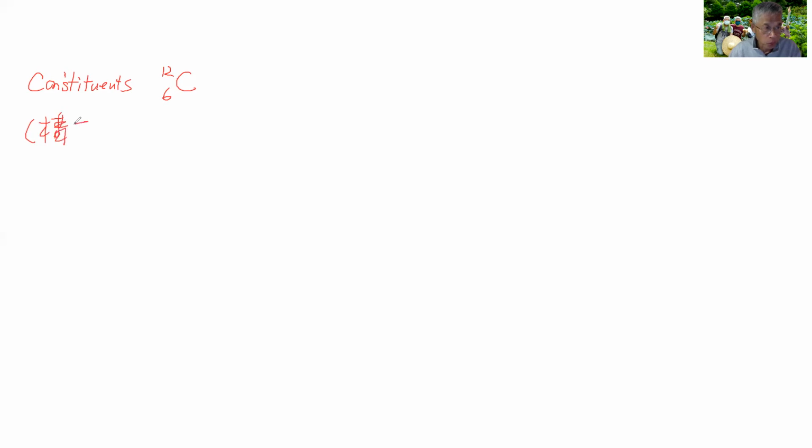So what are needed to make up C612, right? Okay, so what do I have? I have 6 proton, I have 6 neutron, and I have 6 electron, right? So that's the constituents of that. So now I can compute this one here, right?